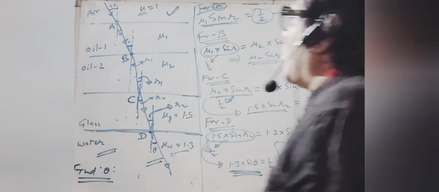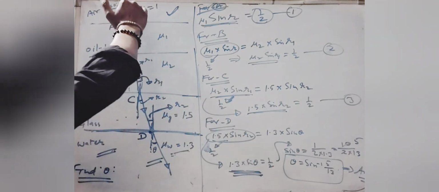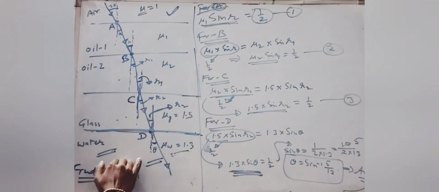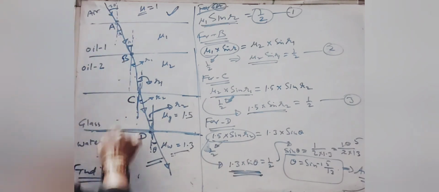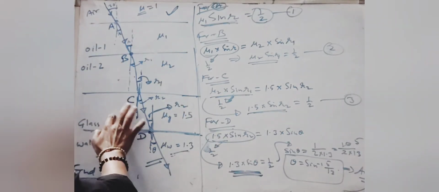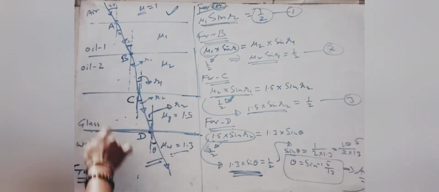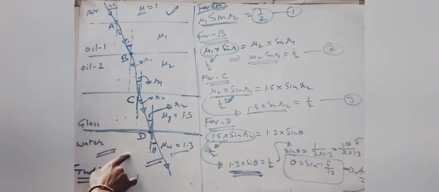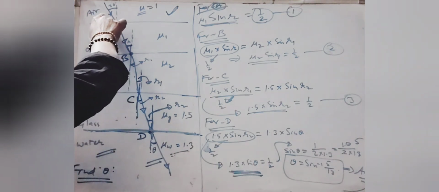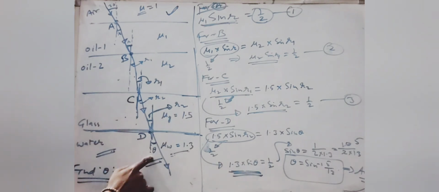You just forget whatever mediums are in between air and water: oil 1, oil 2 and the glass medium. If rays are entering from air and emerging through water, then think that rays are coming from air to water medium and find this angle theta, and you will find the answer like this.